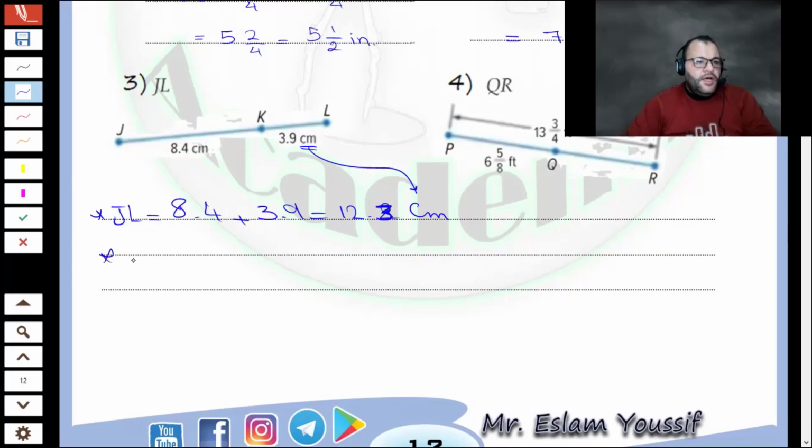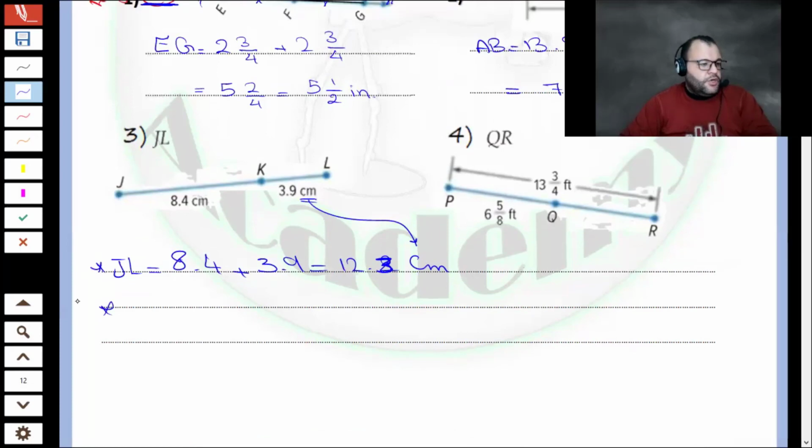Okay. And QR, how do we find it? Without using a calculator also? Yes, we subtract. So it will be 13 and 3 over 4 minus 6 and 5 over 8. How do we subtract this one? We need to make the denominators the same. So look at 4 and make it 8.